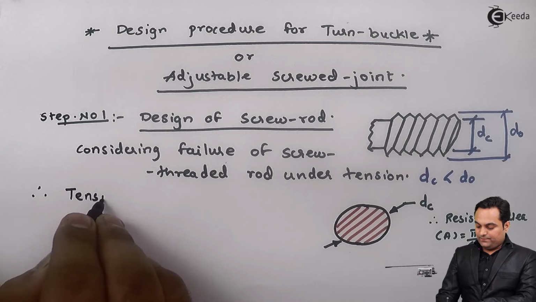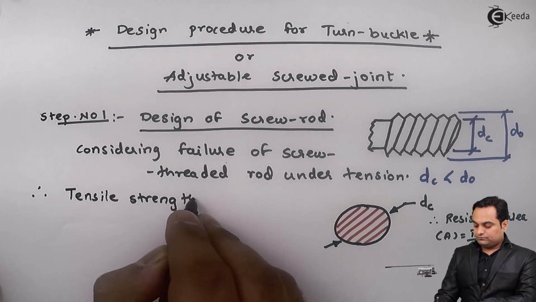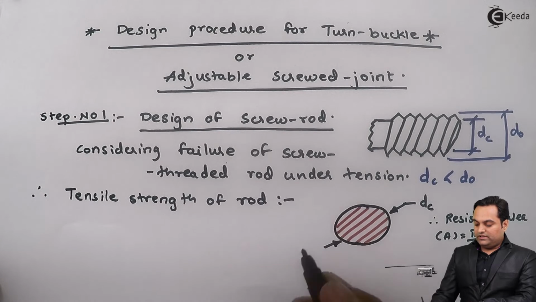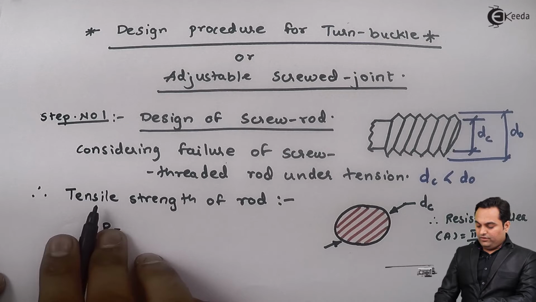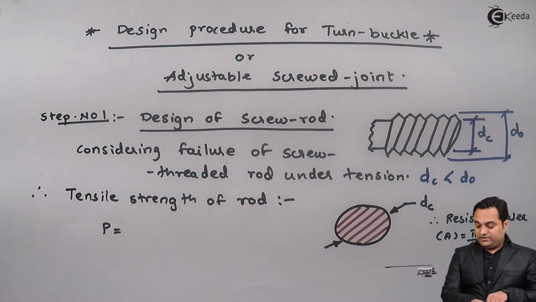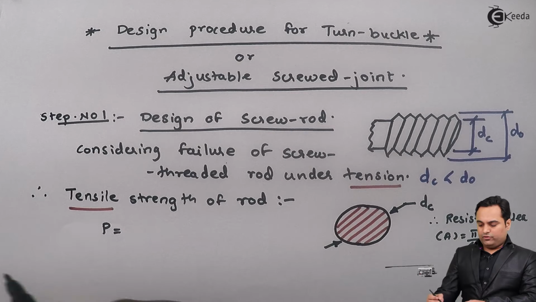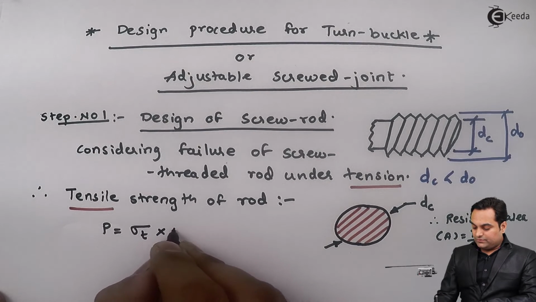So hence, we are considering failure under tension. So tensile strength of rod, that we can write as P is equal to, since we are considering tensile strength, your load will be equal to tensile stress into area.